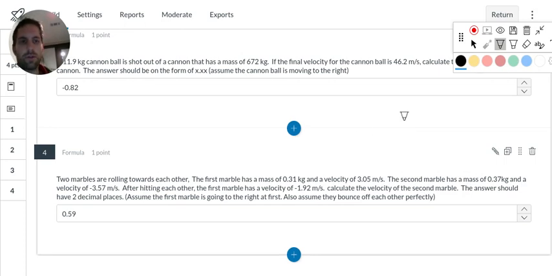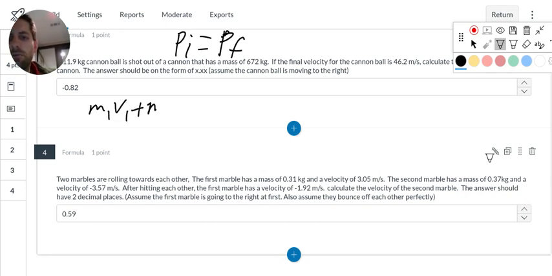All right, last one. So for this problem, we have 2 marbles hitting each other, and this is going to be an elastic collision. So it's a little long. I'll set it up here. So like before, the initial equals the final. We're going to use this equation. That's the initial. This is going to be the final.